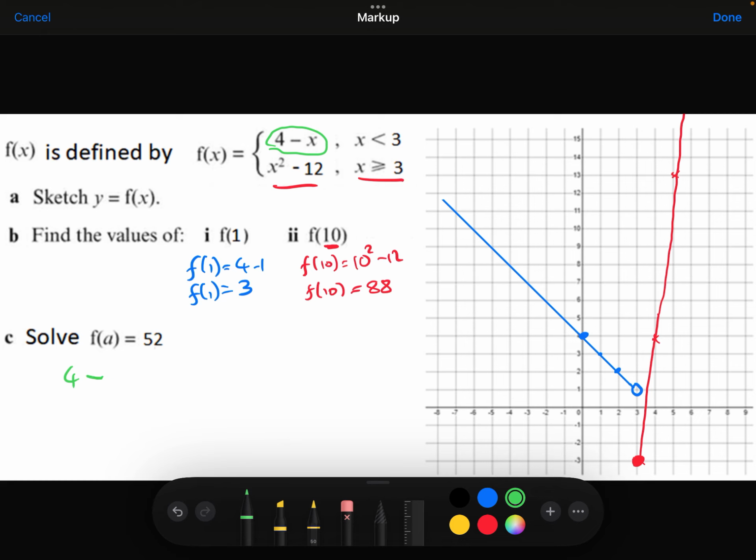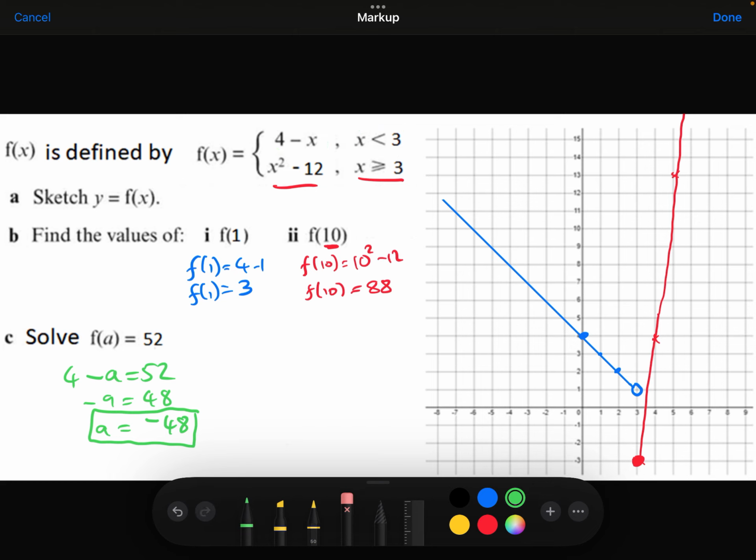So 4 minus x, but in this case it's going to be a. So 4 minus a equals 52. Subtract the 4 from both sides. Divide both sides by minus 1, so a is minus 48. That is one value. And just checking, minus 48 is less than 3. So yes, that is a valid solution.